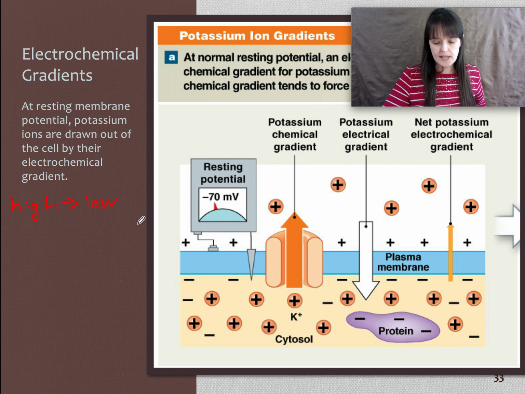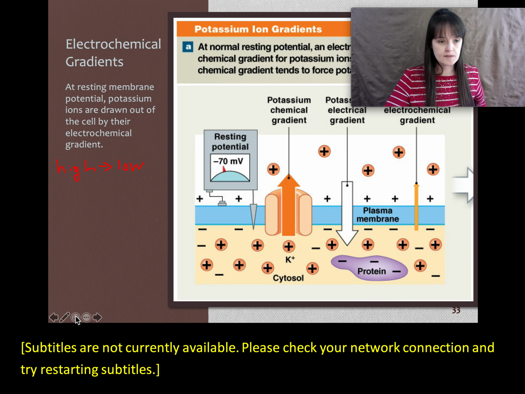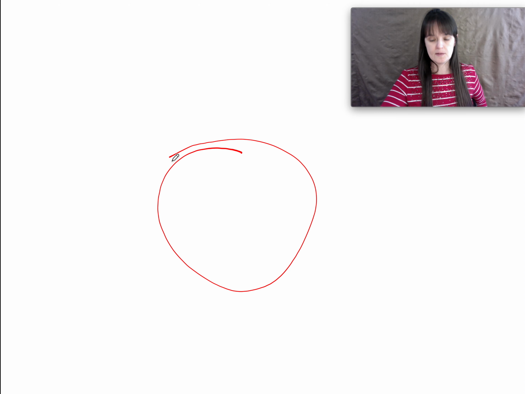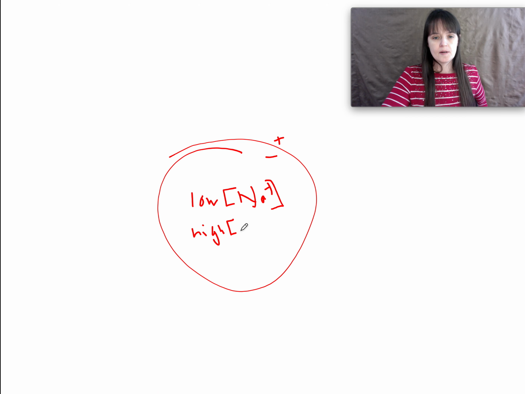Okay, here's our cell. And we know that it's relatively negative inside, relatively positive outside. We know that there's a low sodium concentration and a high potassium concentration compared to the outside of the cell.